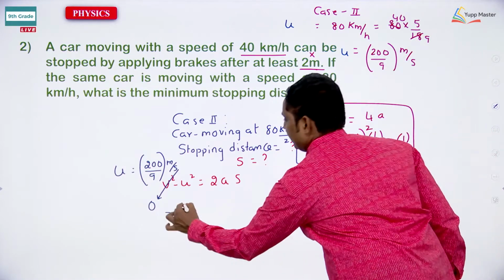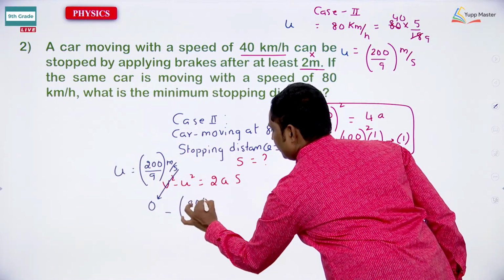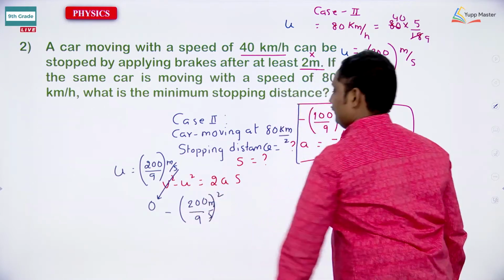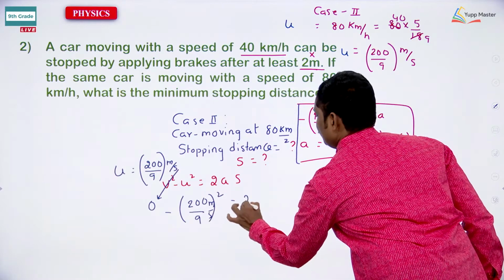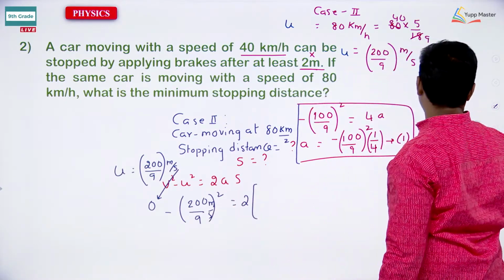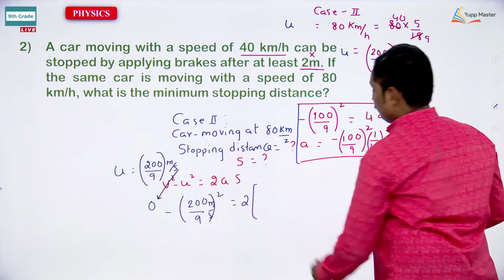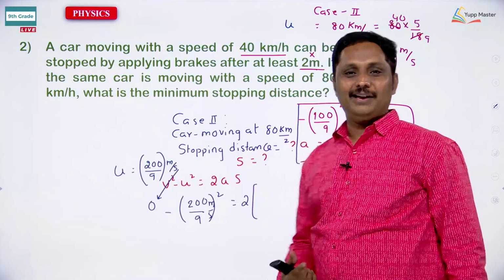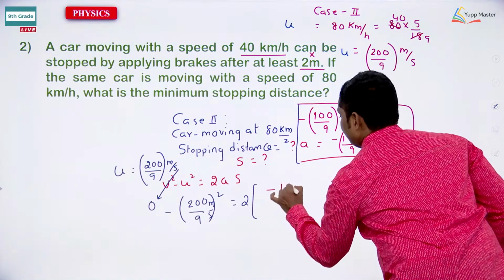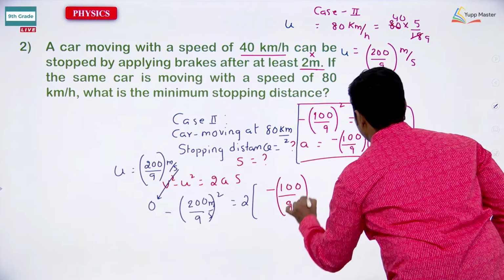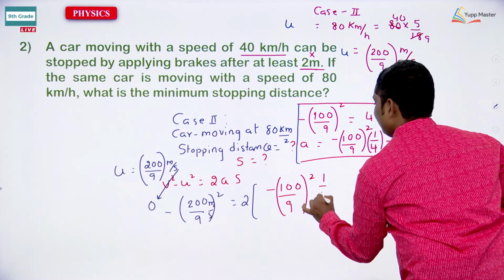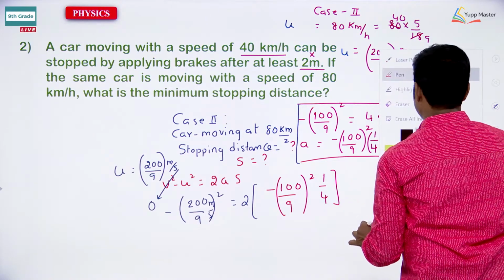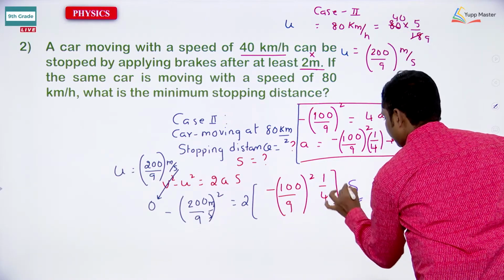v is equal to 0, that is minus 200 by 9 meter per second whole square is equal to 2 into what you have to substitute, that a. Already we have found that a value, it is very clear, that is minus 100 by 9 whole square into 1 by 4 into s, yes, it is going to be measured.